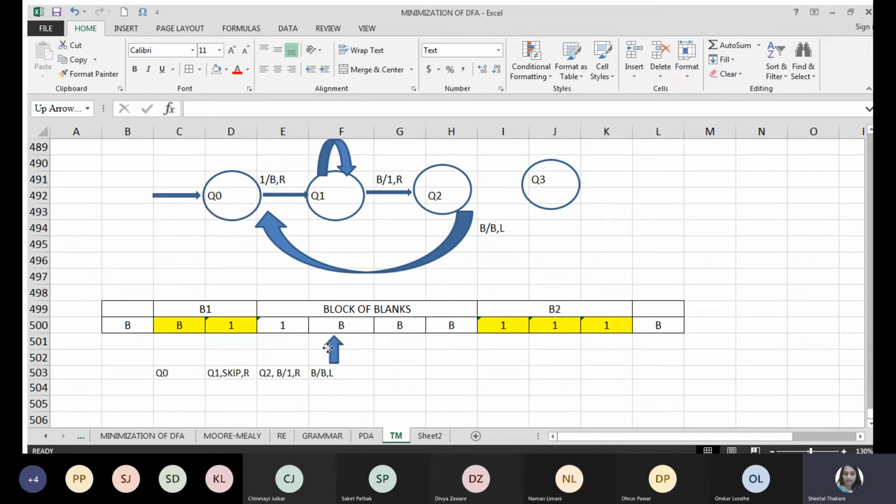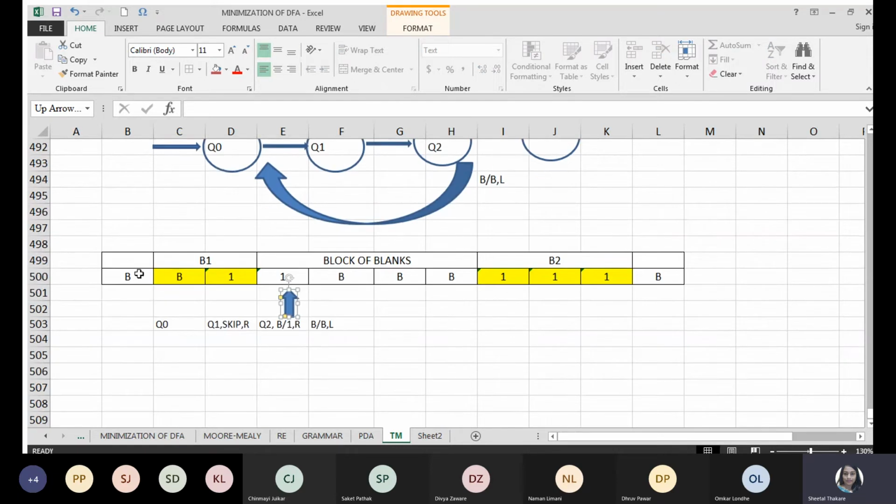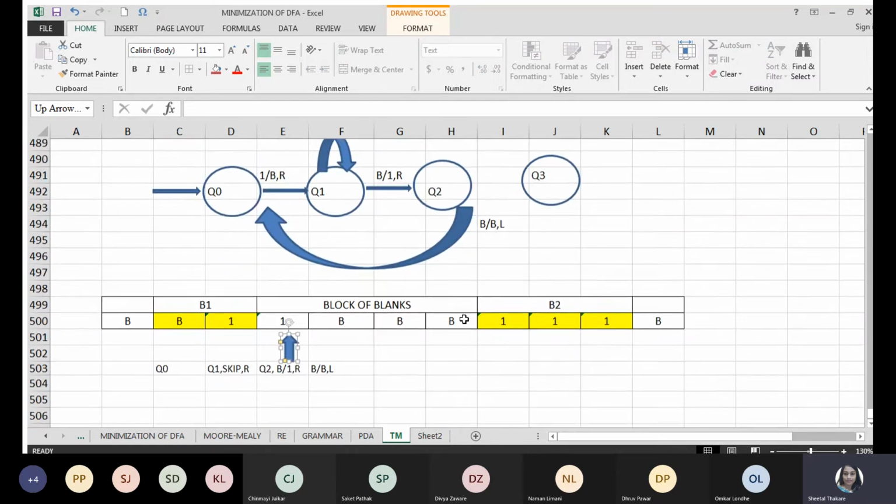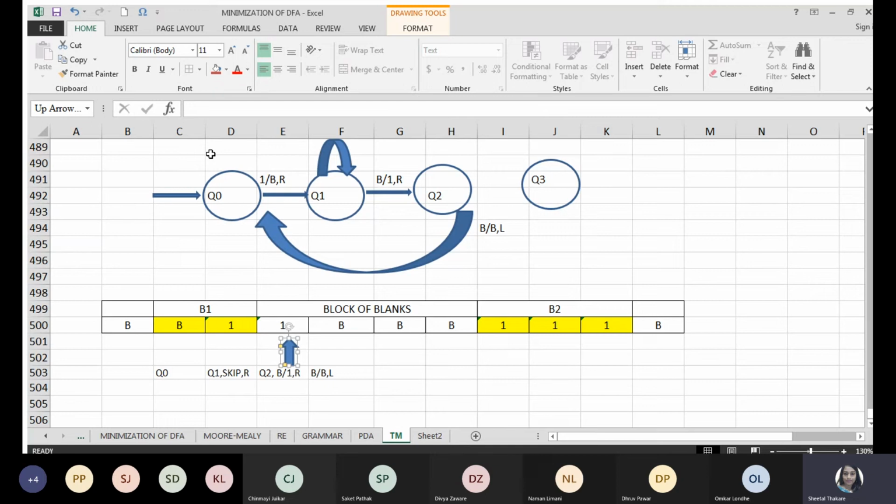If it is B, let it be B, come to Q0. Whatever one is there, you need to skip until you find B. So whether you can add it here, if it is 1, skip it, move to left, or you should be doing it from here only.